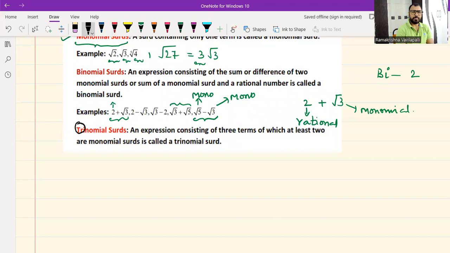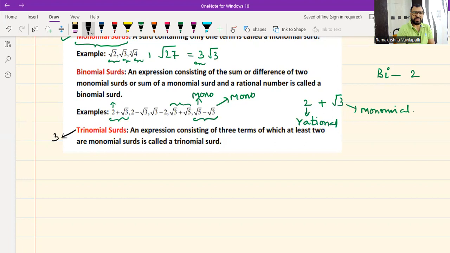So an expression consisting of three terms, of which at least two must be monomial surds. If only one monomial surd is there and the other is rational, then it is a binomial.